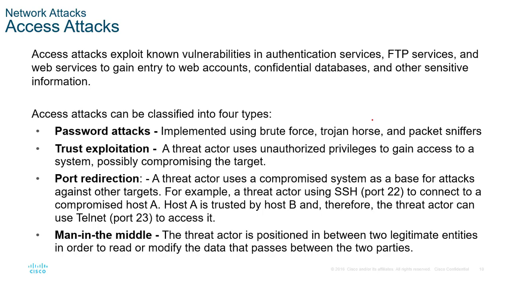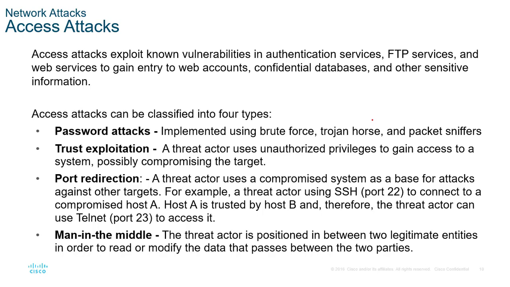Trust exploitation. A threat actor uses unauthorized privileges to gain access to a system, possibly compromising the target. Port redirection. A threat actor uses a compromised system as a base for attacks against other targets.